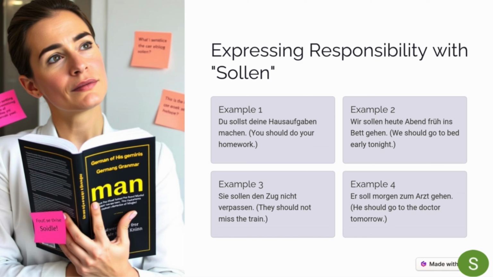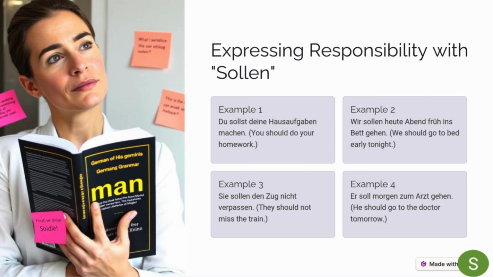So we can come to the examples and see. Example 1. Du sollst deine Hausaufgaben machen. You should do your housework, or your house chores. Remember, these sentences are conjugated, but we will come to the conjugation of the modal verben later.